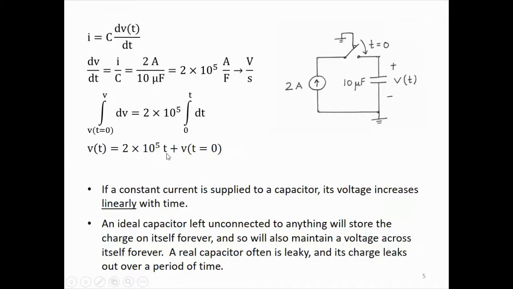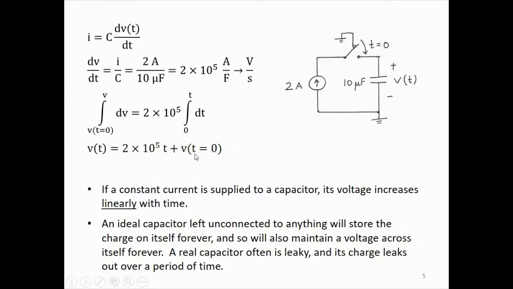For a constant current source, they vary linearly. They will vary exponentially when there is a resistance in the circuit, which we will see in the next lecture, not right now. So please remember, don't assume that capacitor voltages will always vary exponentially with time.